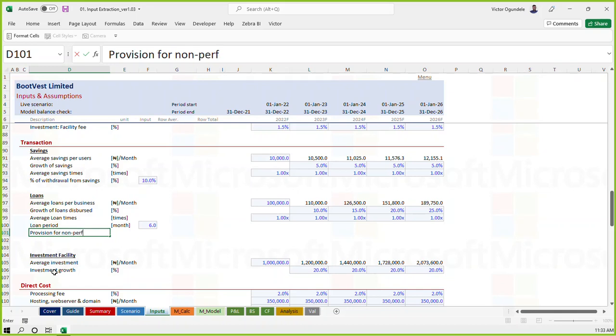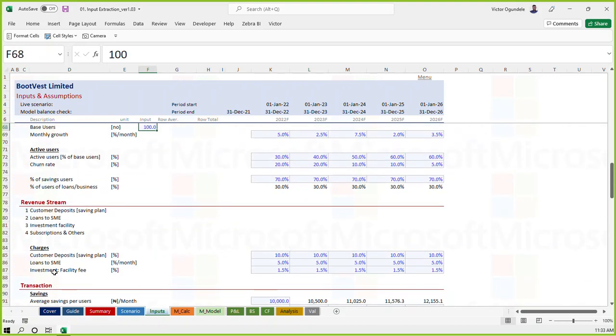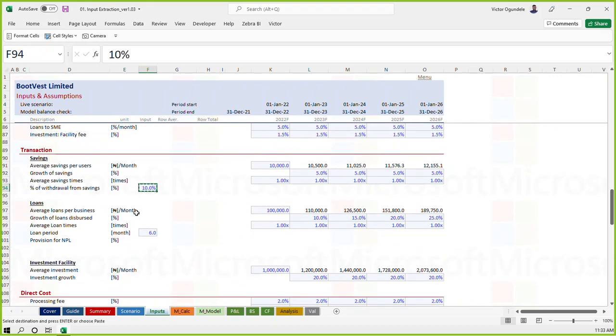Okay. Our banking guys have given us suggestions. They said we should use non-performing loan, NPL, so provision for NPL. Let's use that. We might need to spread that over the years, or should we make it constant? It depends, we can also decide to make it constant.